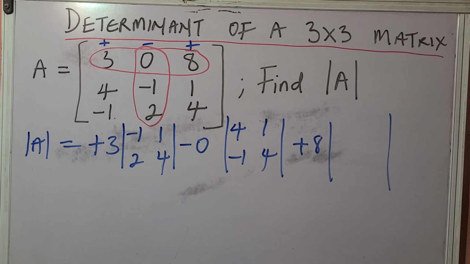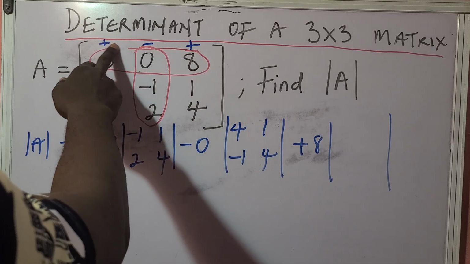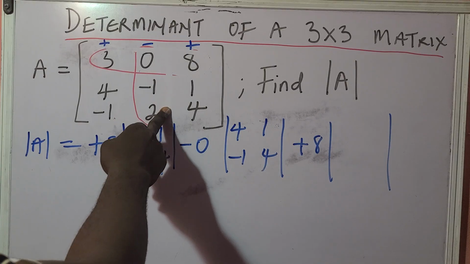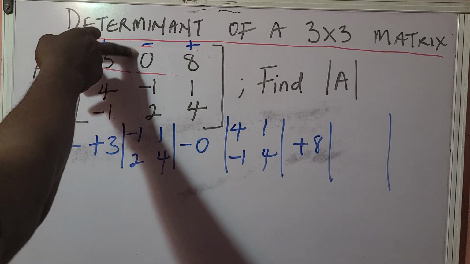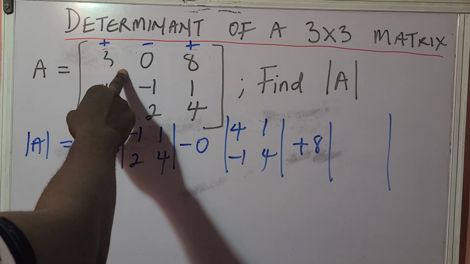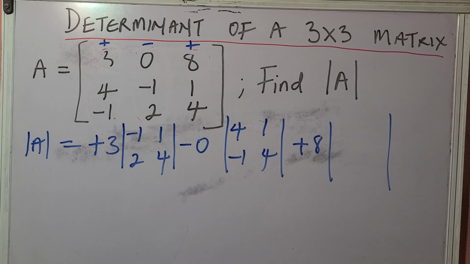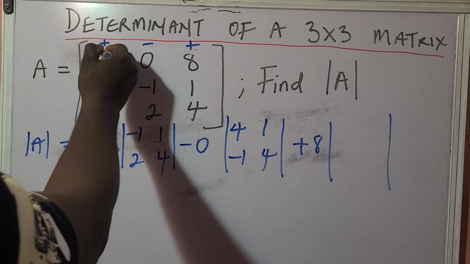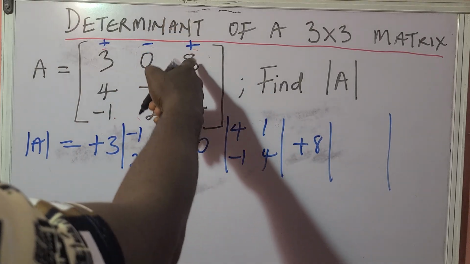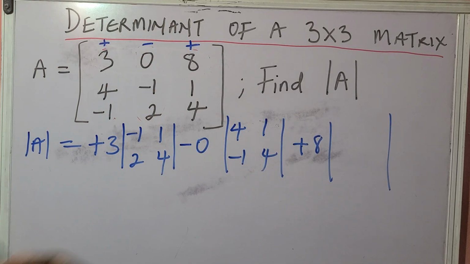And then the last one right there, we have plus 8. You can see plus 8 is associated with row 1, column 3. It's on row 1, and it's on column 3.